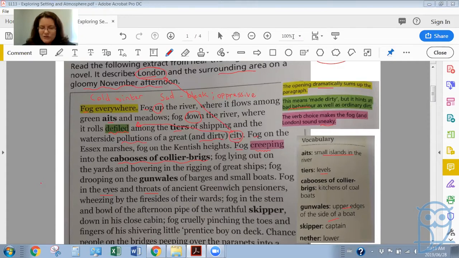Yes, it's all about how the fog is not only affecting the surroundings and almost smothering them, but it's also affecting people's health, isn't it? Fog in the eyes and throats of ancient Greenwich pensioners. Yes, makes the old people very sick. It does. And they're wheezing by the fireside of their wards.